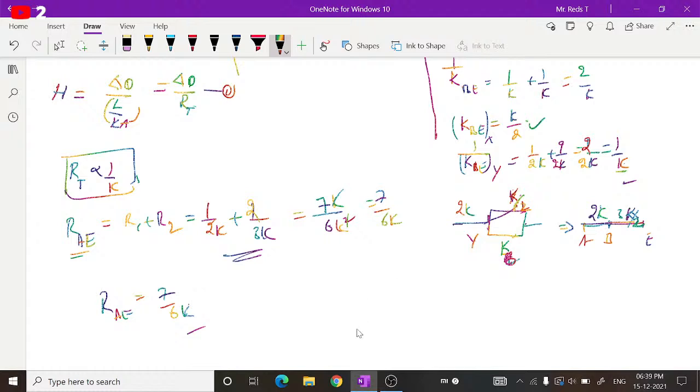So actually it should be 7 by 6 into L by Ka. I should take this as R.